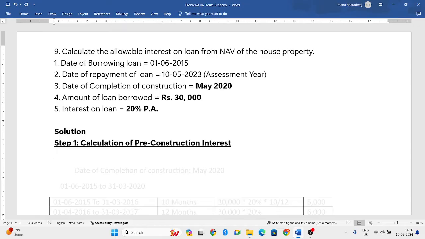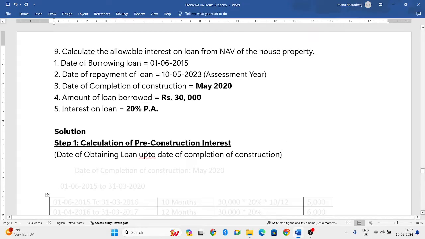It is from the date of obtaining the loan up to the date of completion of construction. Till you construct the house, whatever the period is, you will be paying the interest.